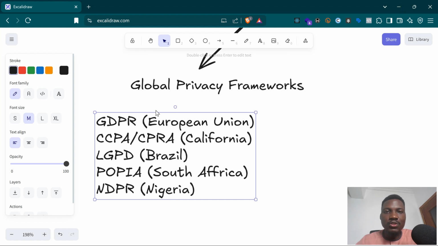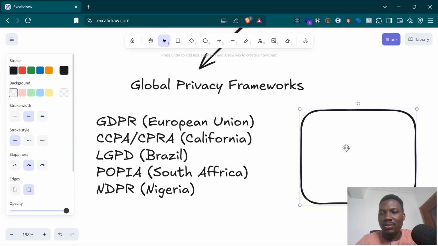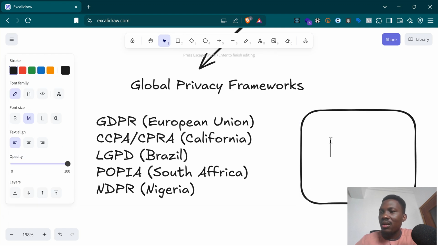You could see a couple of things as to how these frameworks work. We could say consent is one of them. Ensure that before you use somebody's data, you get their consent.